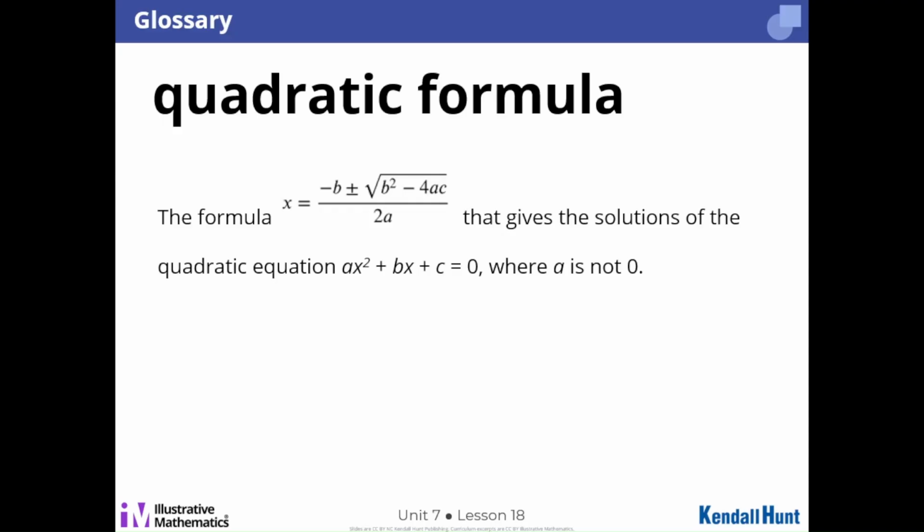Remember that it needs to be in standard form, set equal to 0. Then you identify a as the coefficient with x squared, b as the coefficient with x, and c as the constant. You'll plug those values in, complete the math, and solve for x.